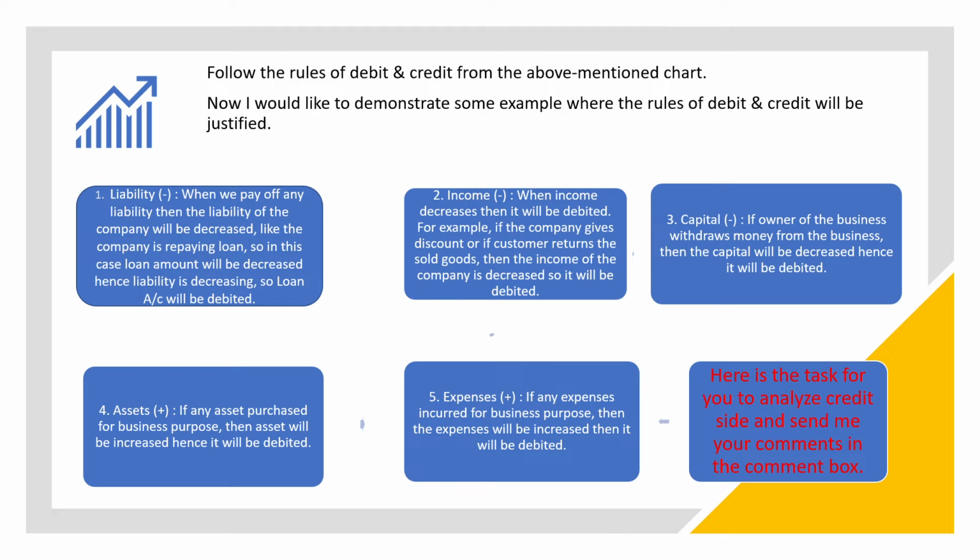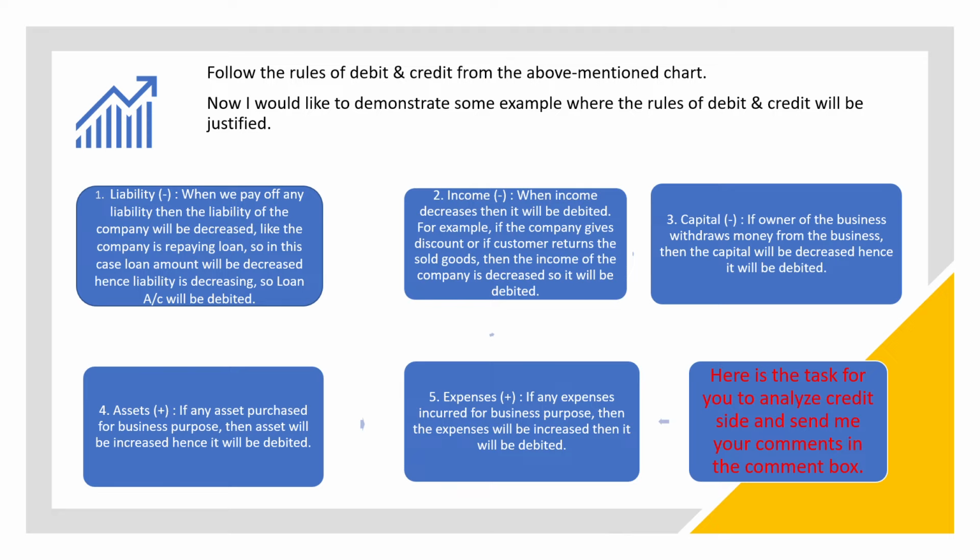Remember, every transaction involves two accounts. Because of the double entry system, one account is debited and the other is credited, ensuring the equation assets equals liabilities plus capital remains balanced. Now guys, you can see I have mentioned here one equation, assets equals liability plus capital.